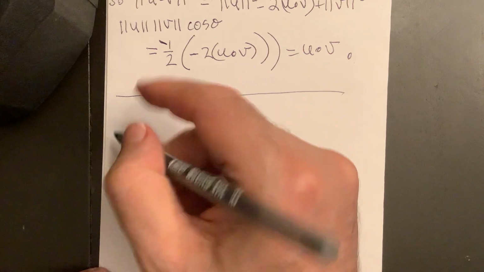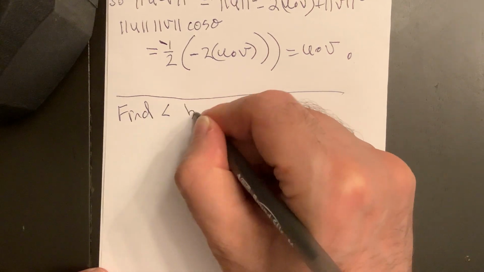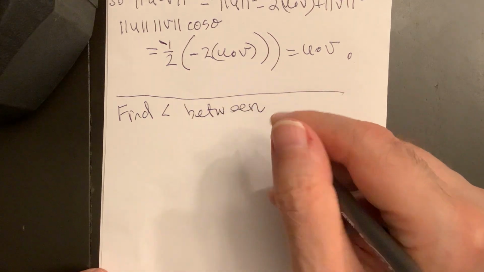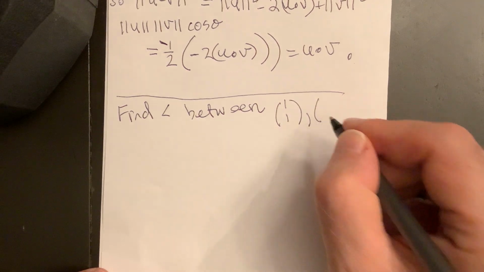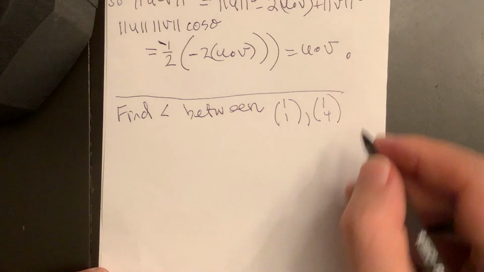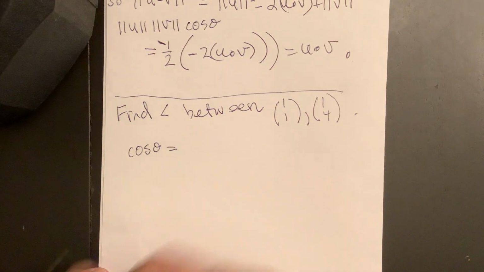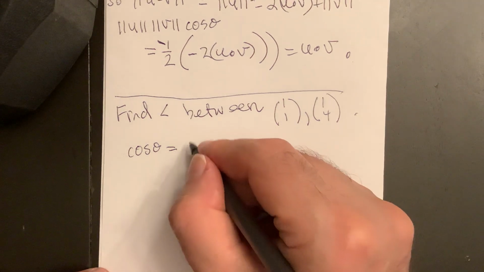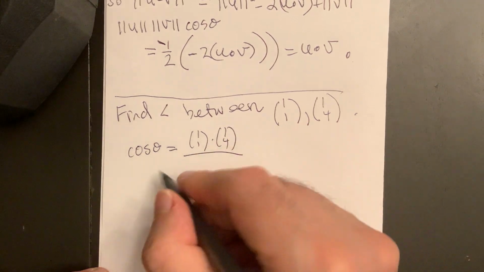So we can say find the angle between, say, any two vectors. So I could say between, say, (1, 1) and (1, 4), for example. And I could do this by saying cosine theta, using the identity, cosine theta is (1, 1) dot (1, 4) over the length of these.